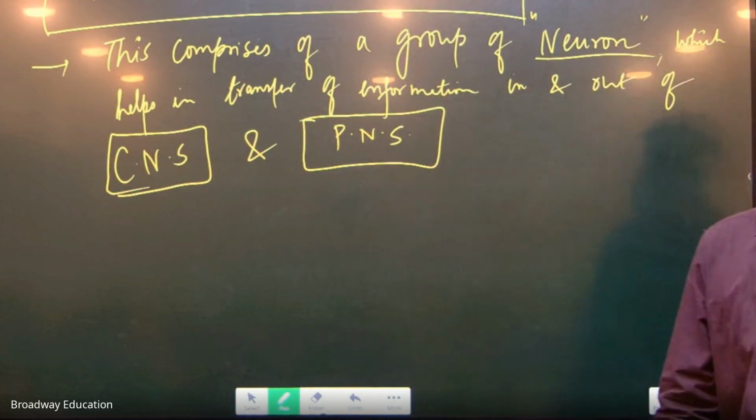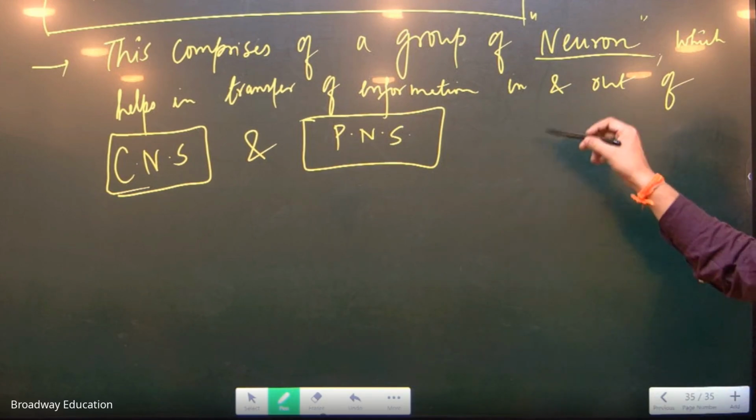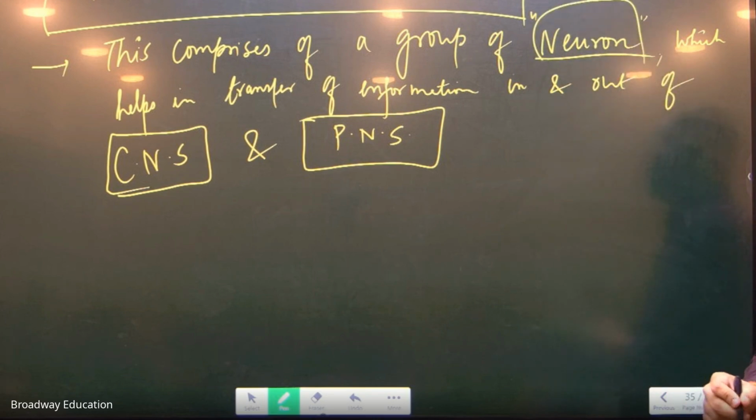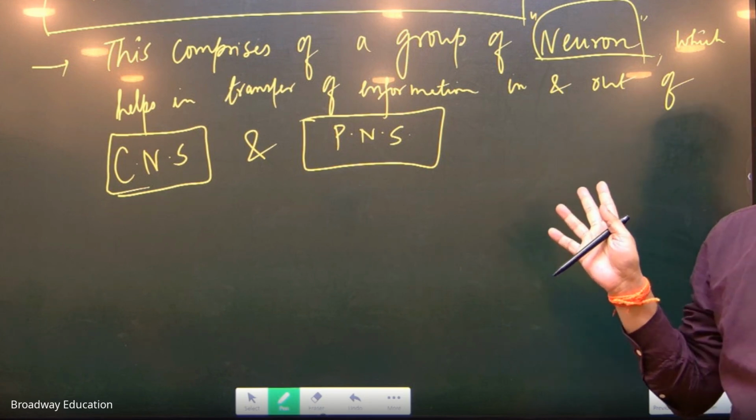Is this part clear? So these are the group of neurons which basically help in the transfer of informations in and out of the CNS or the PNS.